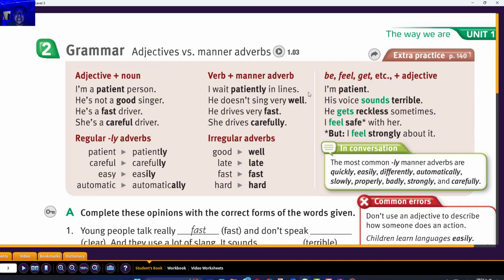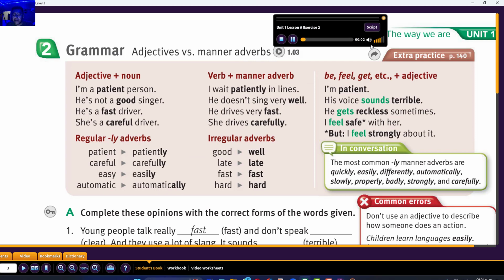Alright. Let's listen to the explanation and we're gonna move on with this. Where is the explanation? Here. Page 3. Grammar. Adjectives versus manner adverbs. Adjective plus noun. I'm a patient person. He's not a good singer. He's a fast driver. She's a careful driver. Verb plus manner adverb. I wait patiently in lines.